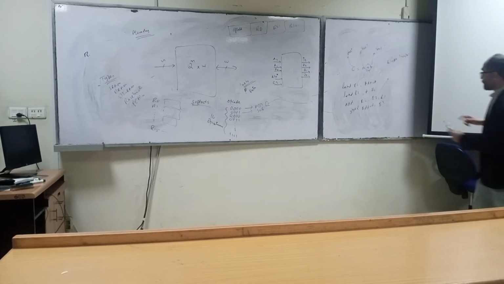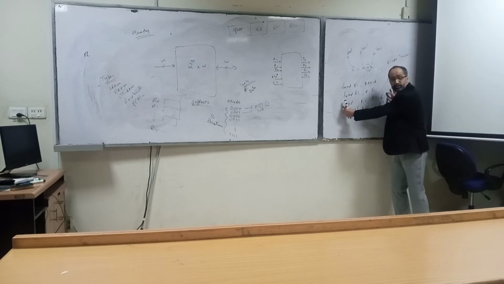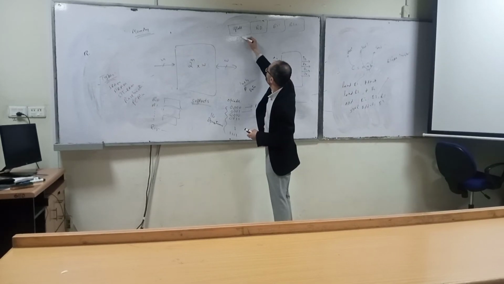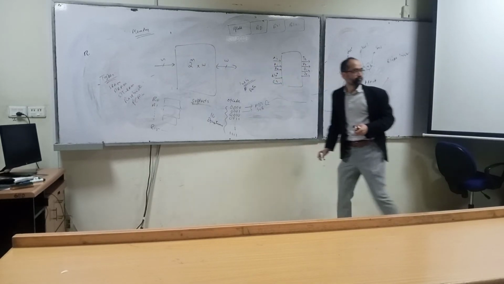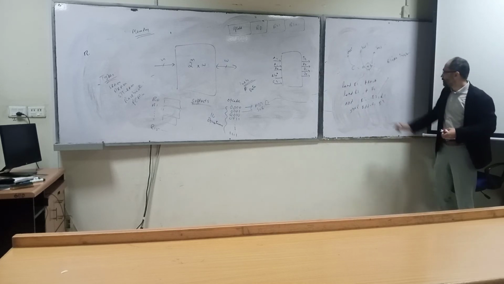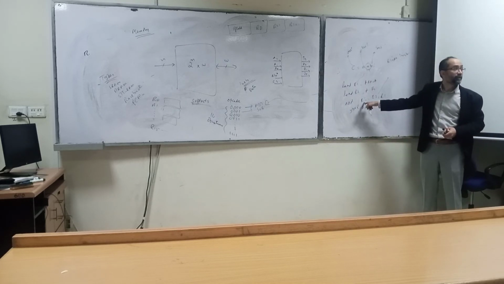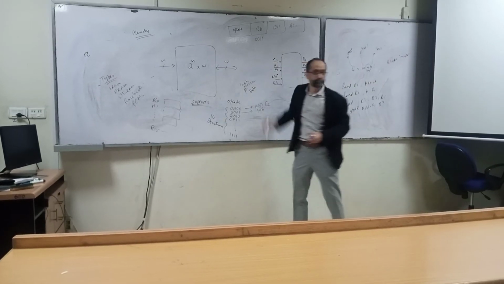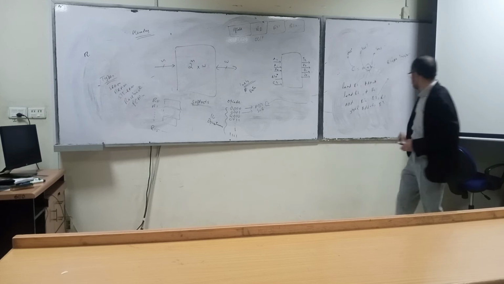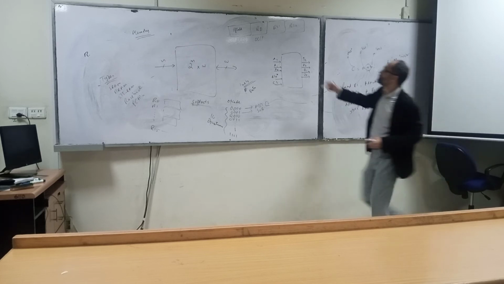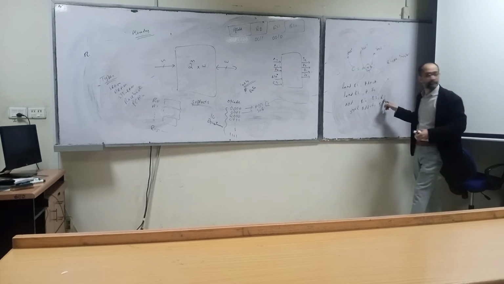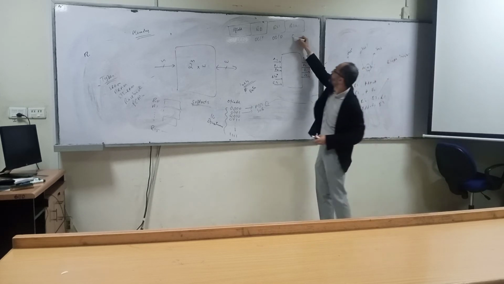So if we want to have the instruction set encoding of this instruction, the opcode for add is 0000. What is your destination register? R3. What should be its code? 0011. Then R2, 0010. And then R1, 0001.